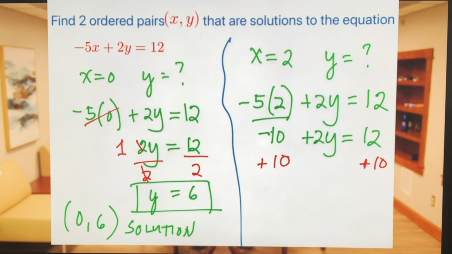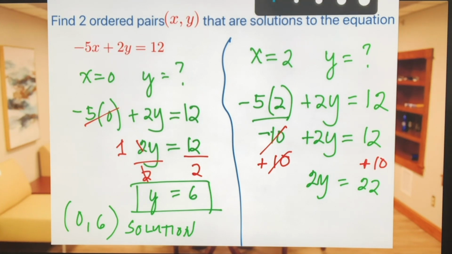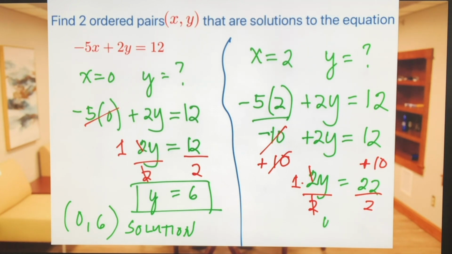Then this is 0 here, giving us 0 plus 2y is 2y equals 12 plus 10 is 22. Again, by inverse operations, let's solve for y by dividing both sides by 2. 2 over 2 is 1 times y is y equals 11.